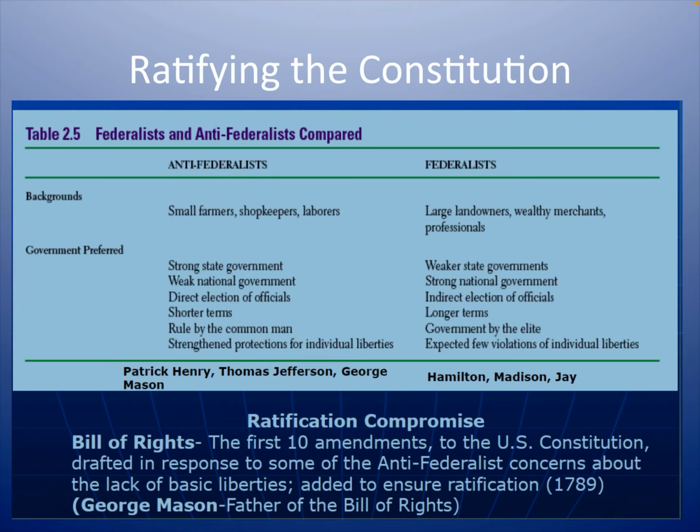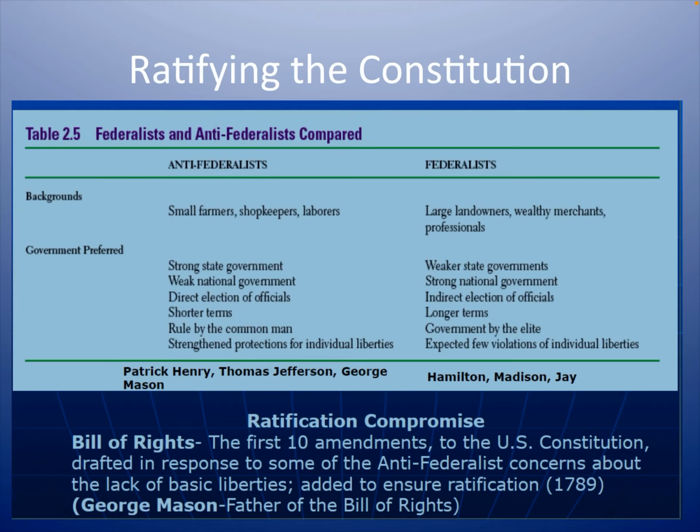So some of the differences between the Federalists and the Anti-Federalists. Anti-Federalists tended to be small farmers, laborers, owners of smaller businesses, and they're going to really want strong state governments, a weak national government, very similar to what we had with the Articles of Confederation.